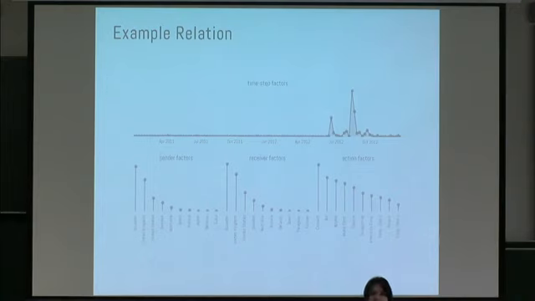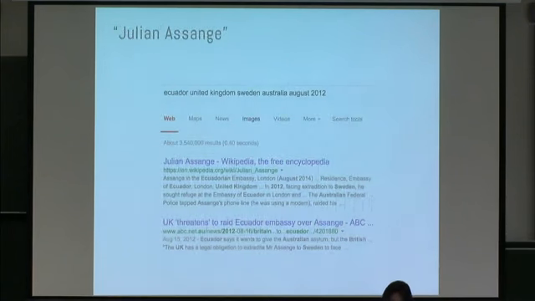Does anyone know what this is? Yeah. This one is all about Julian Assange. He's the founder of WikiLeaks. He's an Australian national who was under investigation by the US and Sweden for various crimes. And then in June 2012, when he was facing extradition to Sweden, he sought asylum at the Ecuadorian embassy in the UK, which he was then granted in September 2012.